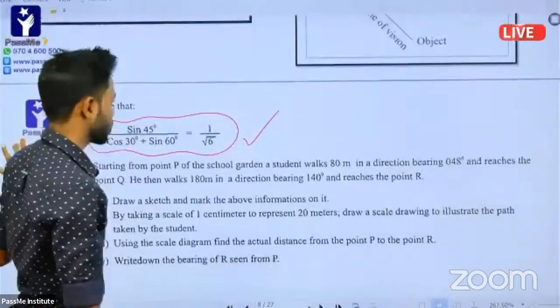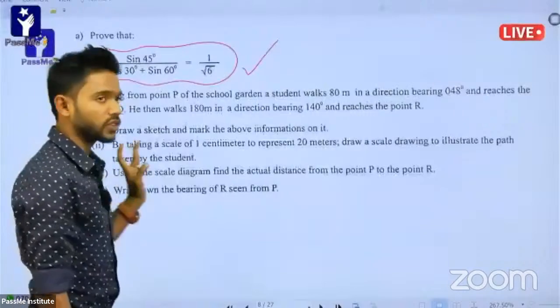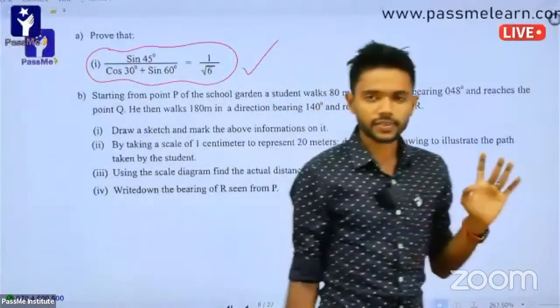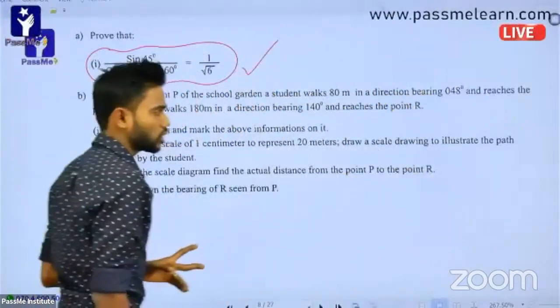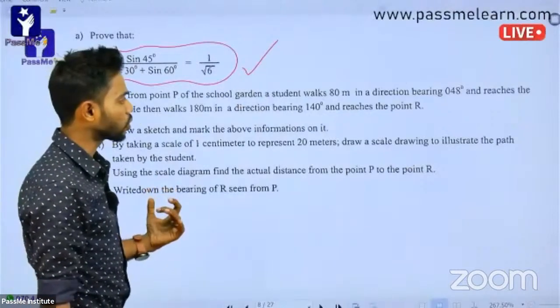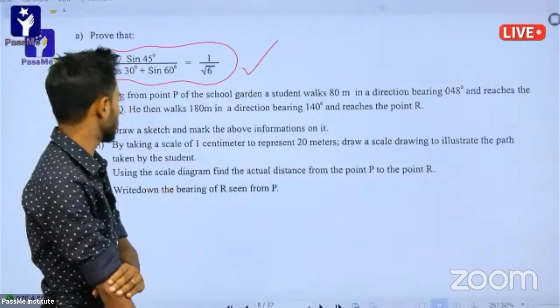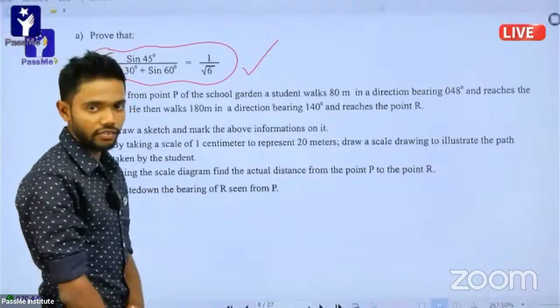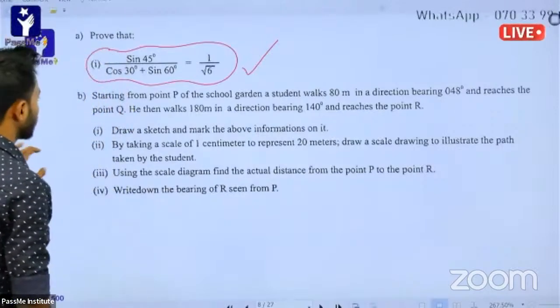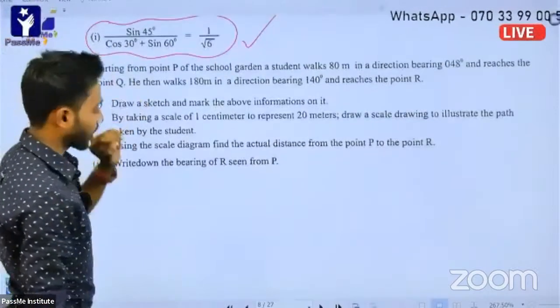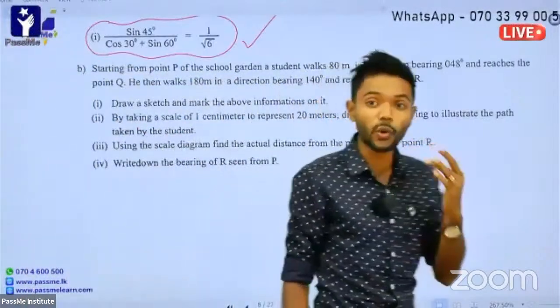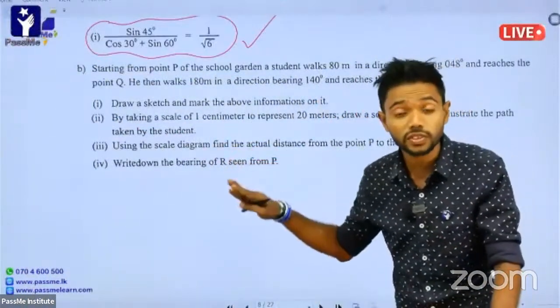Then I can finish today's class within 20 minutes or so, doing 1 or 2 questions, and then I can wind up today's seminar. Starting from the point, I will try to draw this one before we go into the trigonometry lesson.